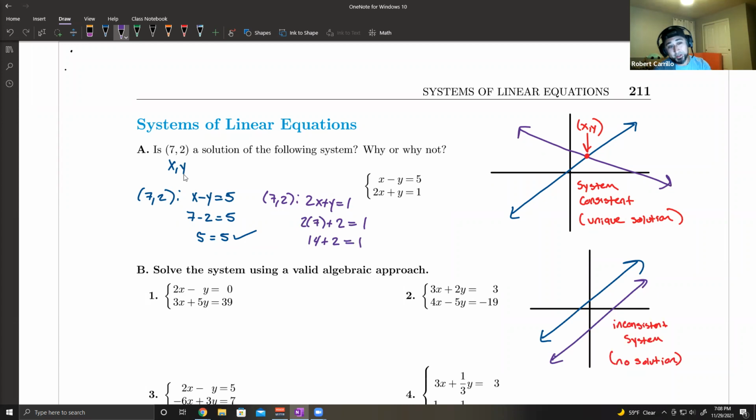Does 14 plus 2 equal 1? No, not at all. So this says that 16 is equal to 1, which is not true. So this point 7, 2 is not a solution to both equations.